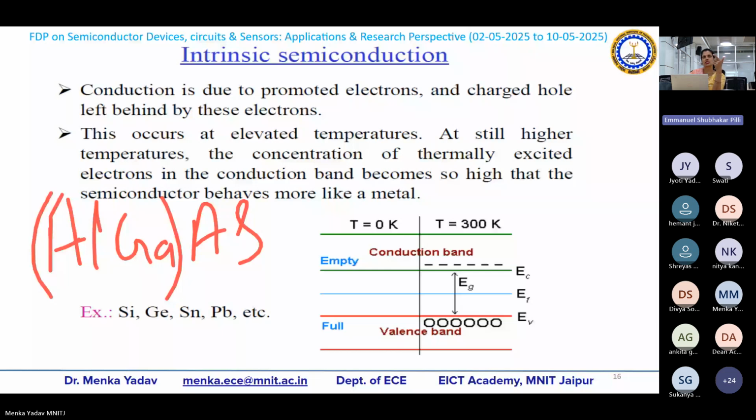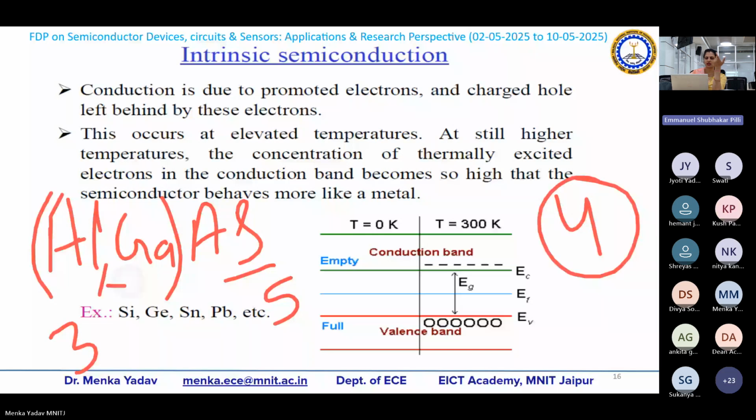So basically, one part of aluminium and gallium will be taken, while one part of arsenic will be taken, so that an average of 4 can be achieved. We represent it this way: 1 minus x fraction of aluminium, and x part of your gallium will be taken. So these are also types of compound semiconductor materials.